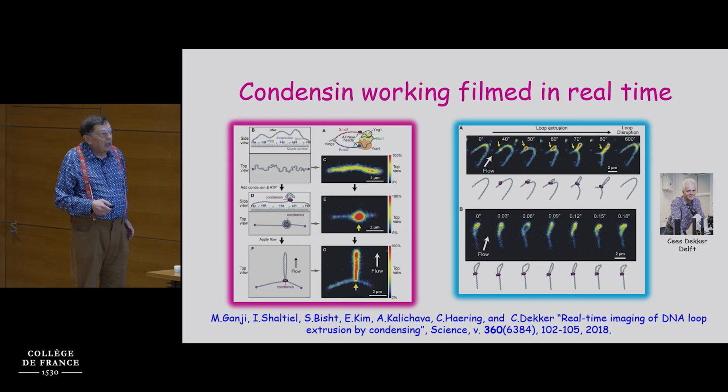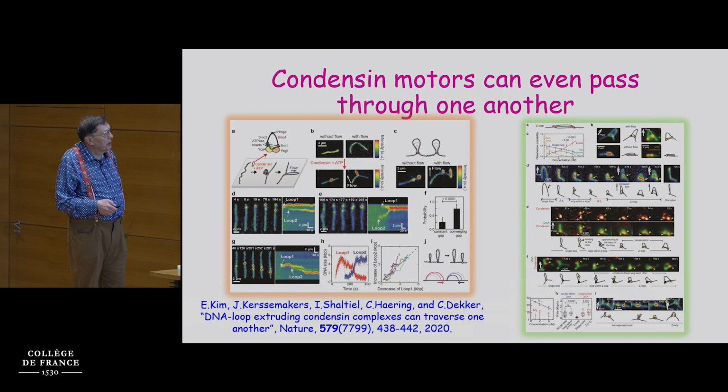Moreover, in the group of Case Decker, not far from here in Delft, people were able to observe the motor activity of these loop extruders. So you see how beautifully it works. It generates this loop, which you visualize by placing DNA in the flow. And there are beautiful stories about it. Again, there is no point for me to speak about it.